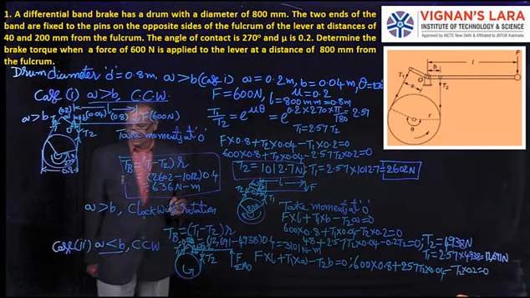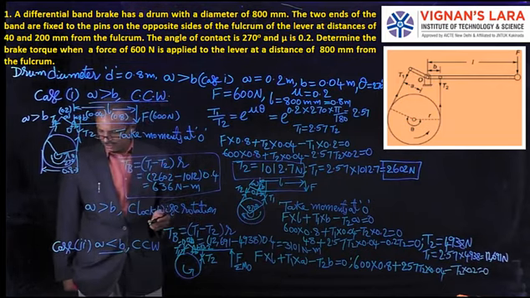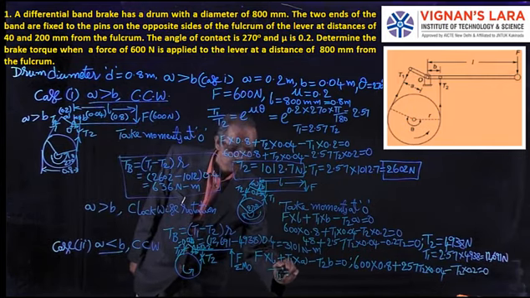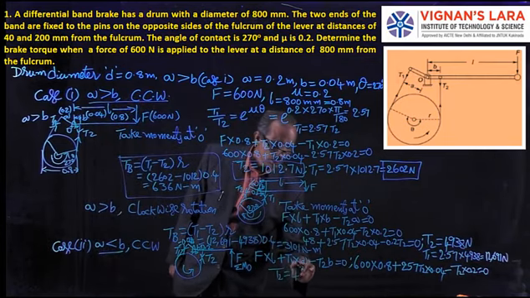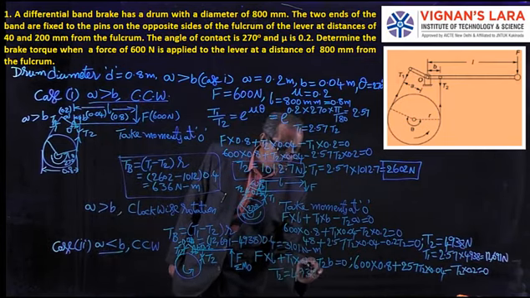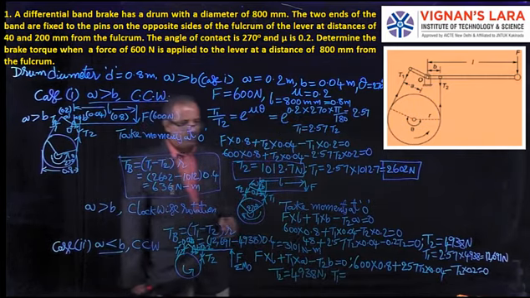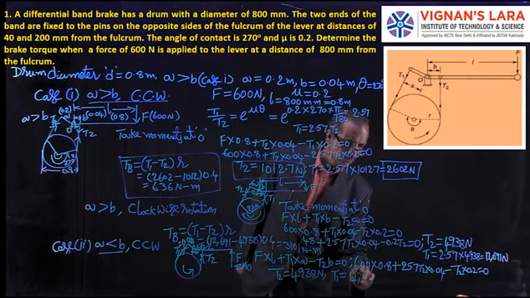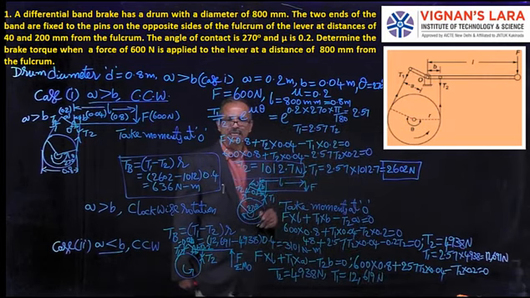If you solve it, you get T2 is 4938 newtons. Then with the ratio of T1 and T2, you get T1 is 12,691 newtons.